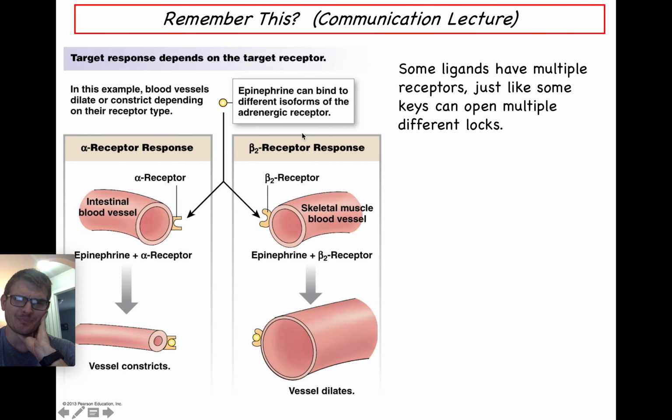And then the beta receptors, when epinephrine binds there, we get the opposite. We get vasodilation, which opens up blood flow to the places that need it most, like skeletal muscle, especially if you're running from something that's chasing you or if you're exercising or something like that.